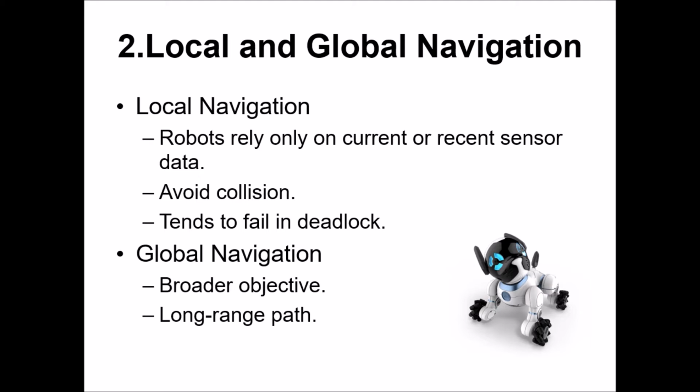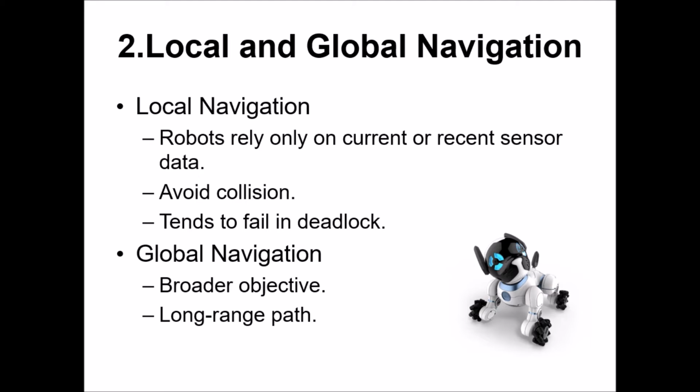In contrast with local navigation, global navigation maps everything prior to starting the navigation task. That means it requires map information. Let's say we have the map, we have the robot, and then we pinpoint the final location, and the robot should generate the path towards that particular goal location.